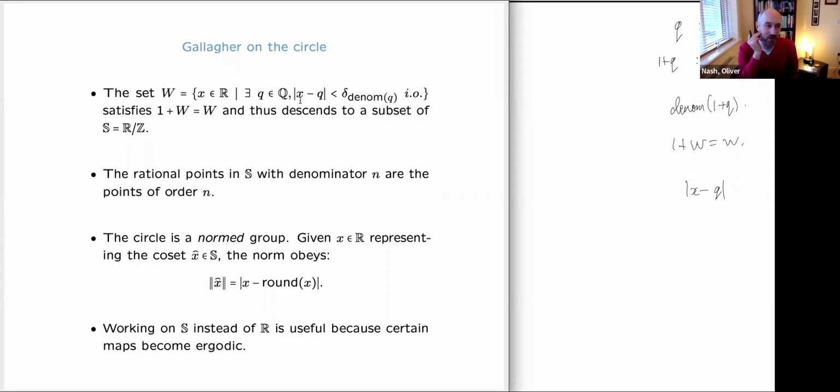So that's how we'll have a concept of distance to define the same set W. And why am I doing this? Well, we're going to look at maps from the circle to the circle, and we will get our result by showing that these are ergodic, and they're the maps that descend from maps from R to R, which are completely not ergodic.